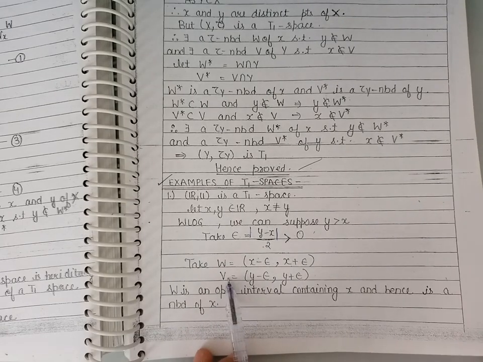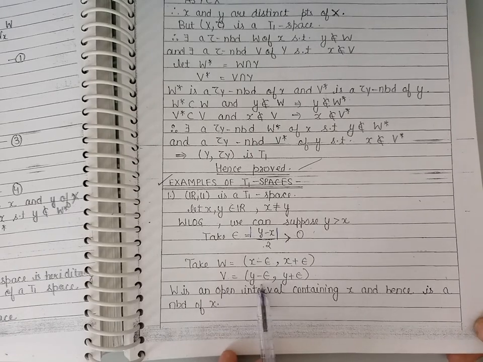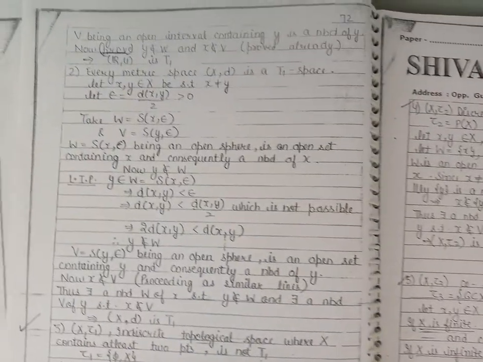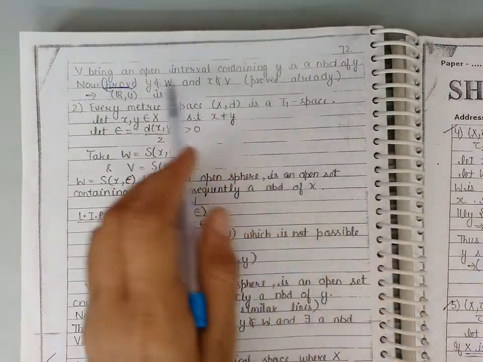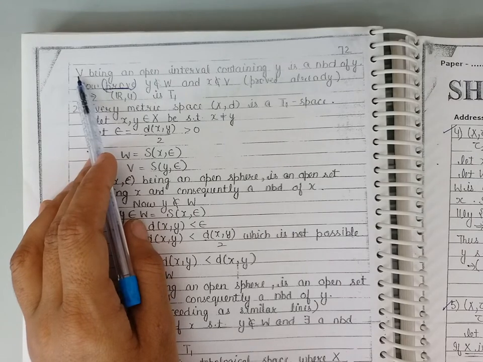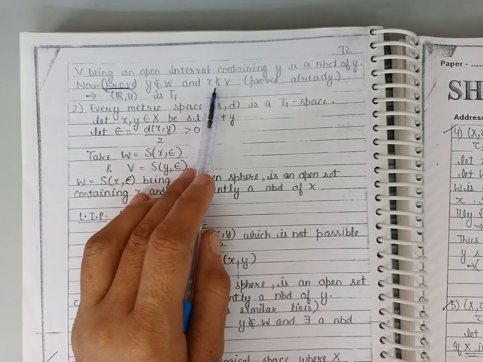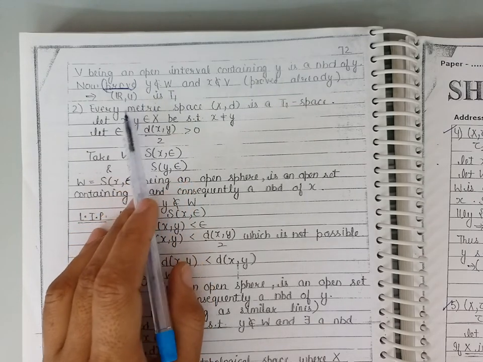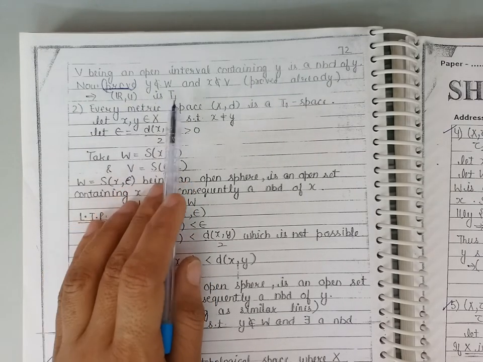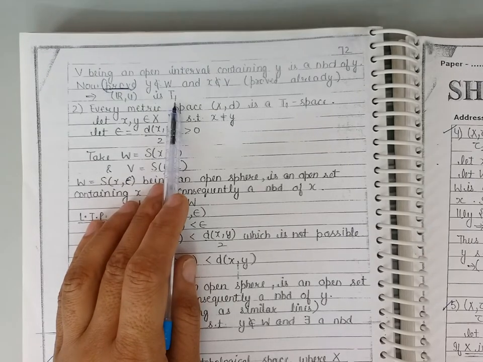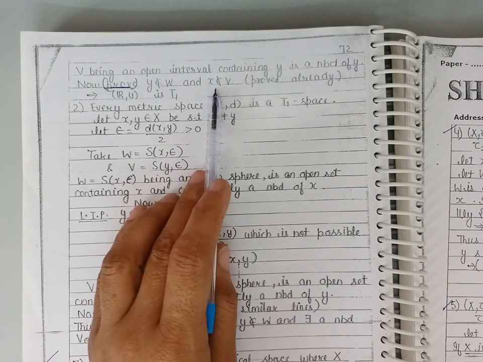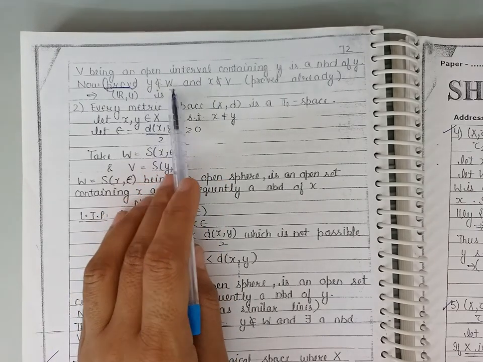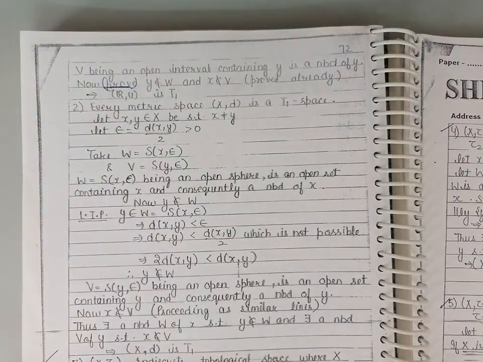Similarly, we can take a neighborhood of point y, which is the interval (y minus epsilon, y plus epsilon), call it V. Now, because V is the neighborhood of point y, we can see that x does not belong to V and y does not belong to W. So by definition, the usual topological space is a T1 space, because we have obtained a neighborhood of point x which does not contain y and a neighborhood of y which does not contain the point x.